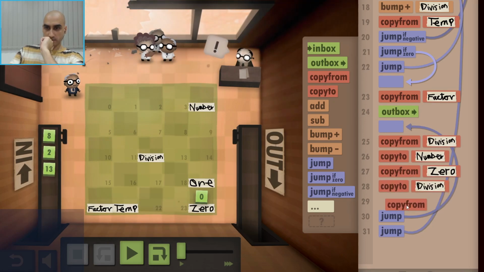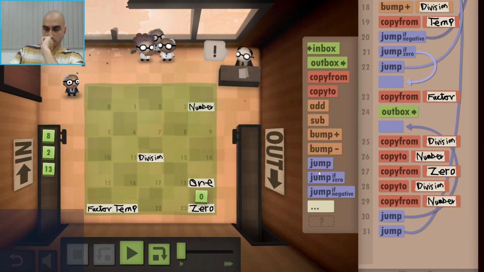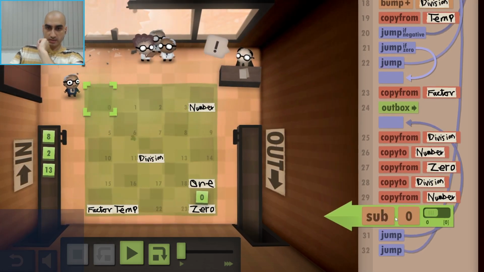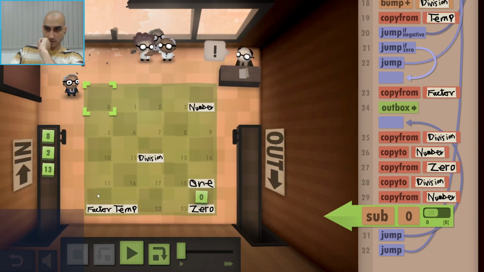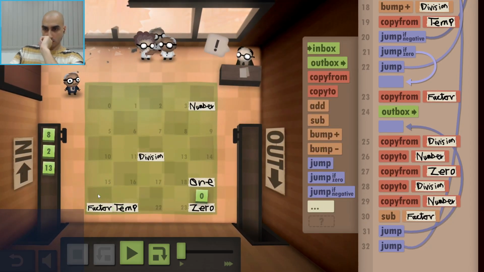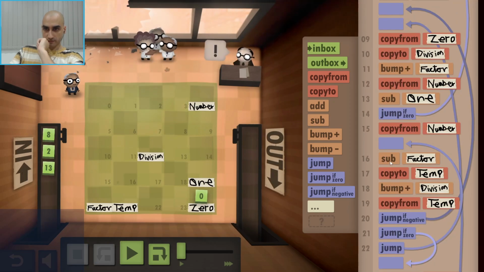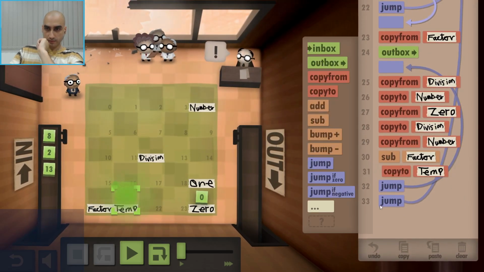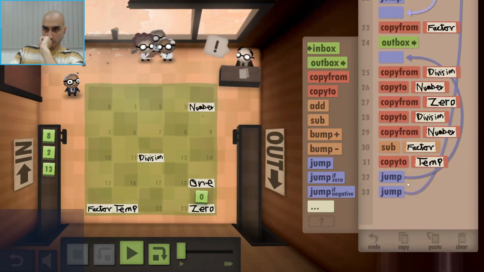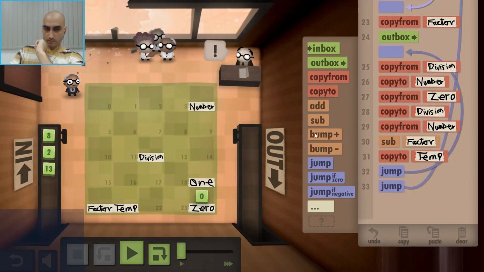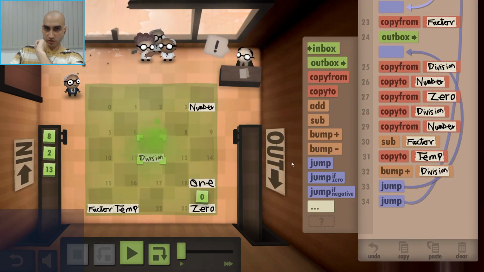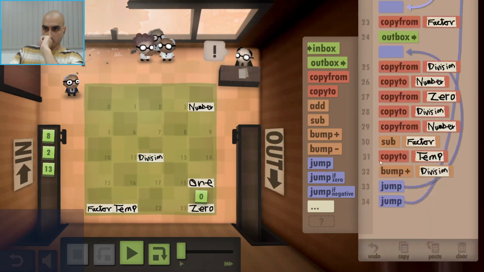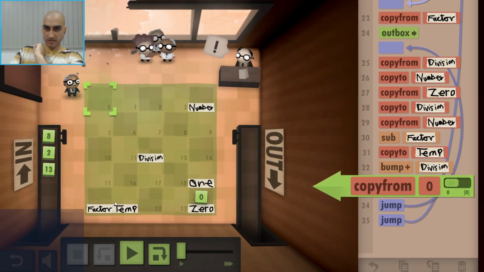Alright, so now we try to... so we pick up the number again, subtract the factor as before, we copy it to temp, we bump the division, pick up the temp again.